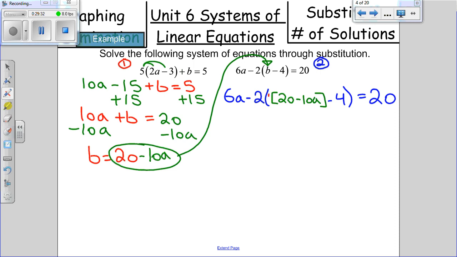Essentially, those square brackets were doing nothing for us. If there had been a number in front of the b, then those square brackets would have actually mattered, because then something would have had to multiply into the square brackets. But in this case, there was nothing there. So I can get rid of the square brackets and be left with just my round brackets.